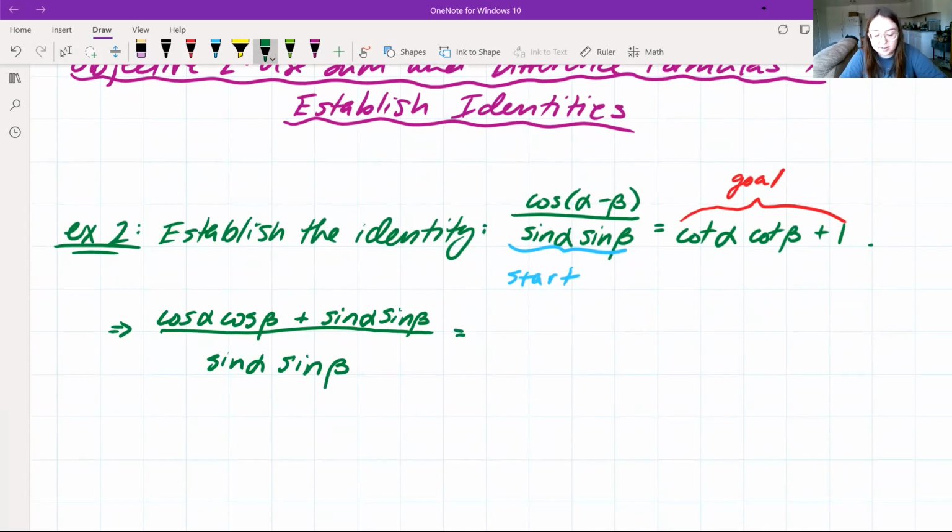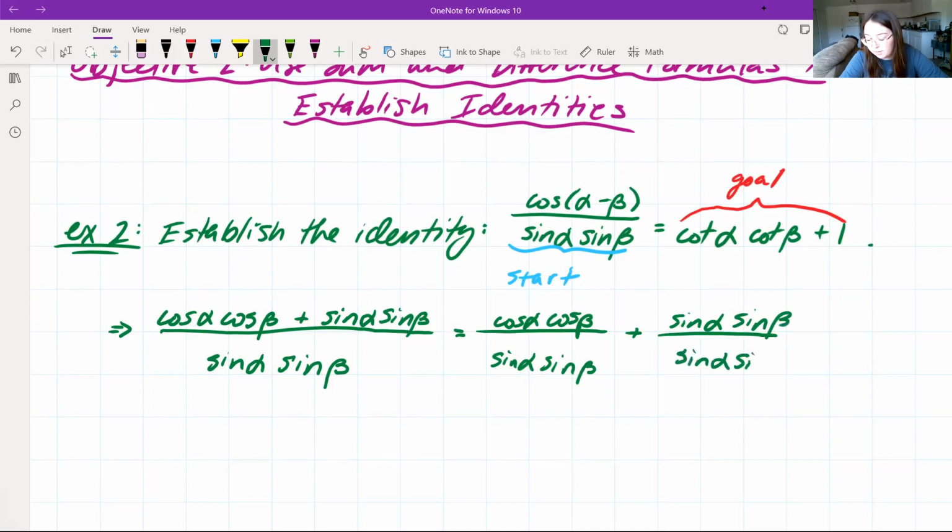So what we see here is that one of our terms in our numerator is the same as our denominator. Since we're adding terms in our numerator, we can also separate them out since there is one single denominator and we're taking the sum in our numerator. So this is the same thing as saying cosine of alpha times cosine of beta divided by sine of alpha times sine of beta plus sine of alpha times sine of beta divided by sine of alpha times sine of beta.